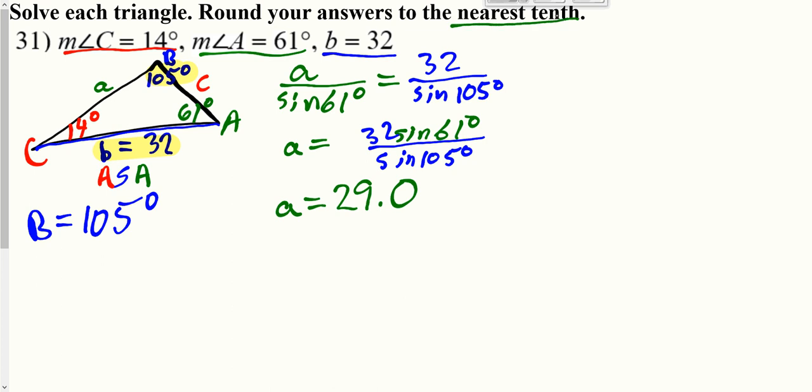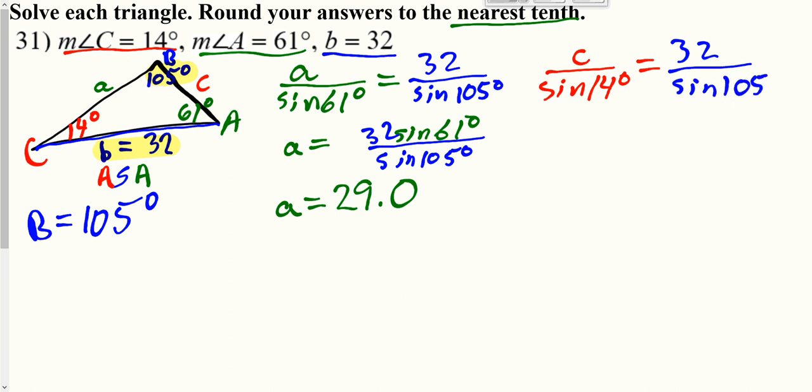Now I'm going to do pretty much the same idea for the red. So I'm going to take the sine, or C, over the sine of the angle opposite of that. And then I'm going to use my opposite pair again, which is the 32 over the sine of the 105. Then to get C by itself, I need to multiply both sides by that sine of 14.